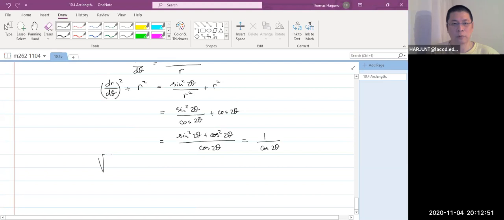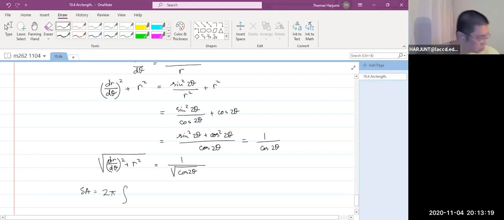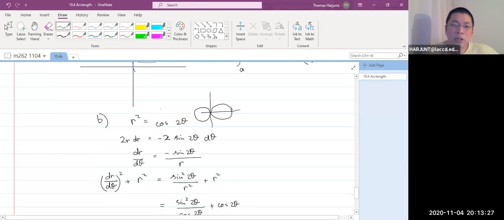So what is the square root of that? That's 1 over the square root of cosine 2 theta. I don't think I know how to do that one, but okay, so the surface area equals 2 pi integral, what's the angle?